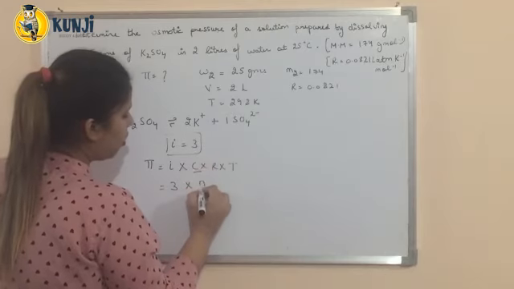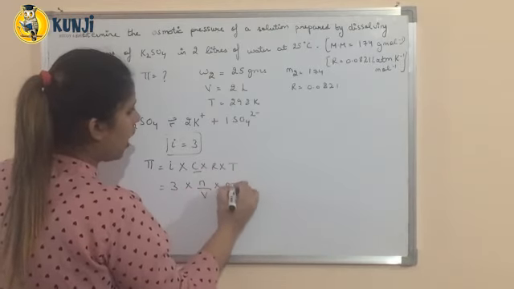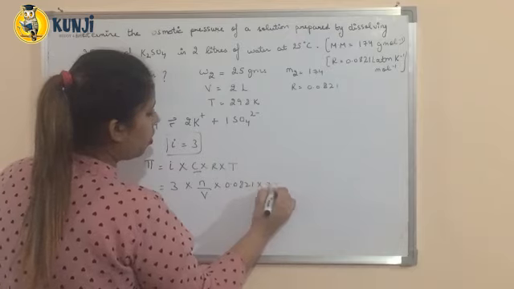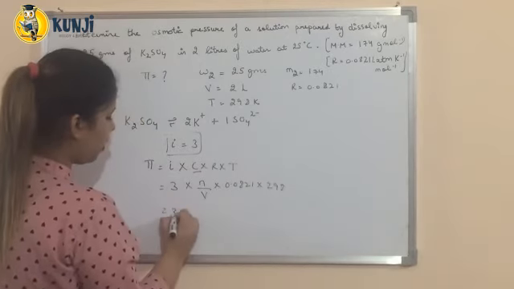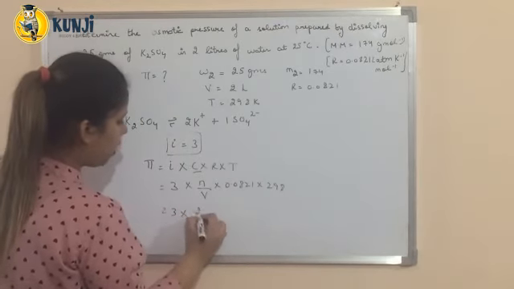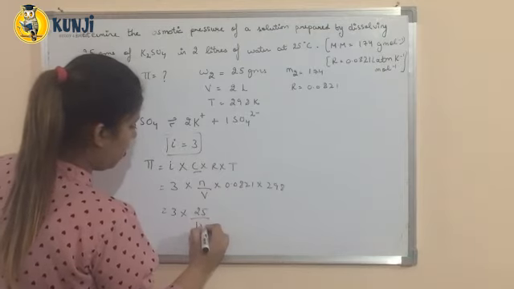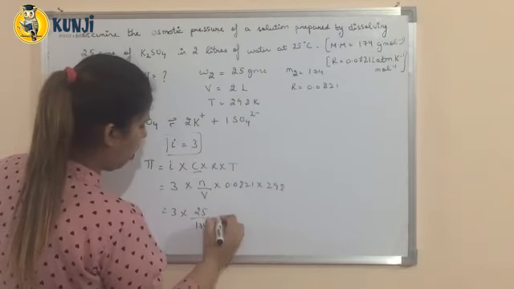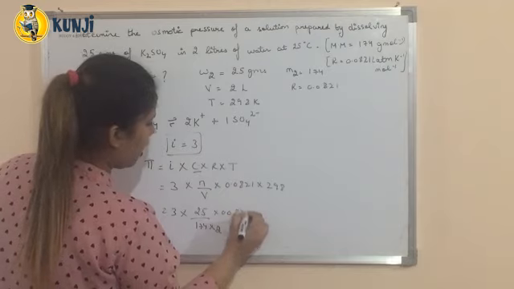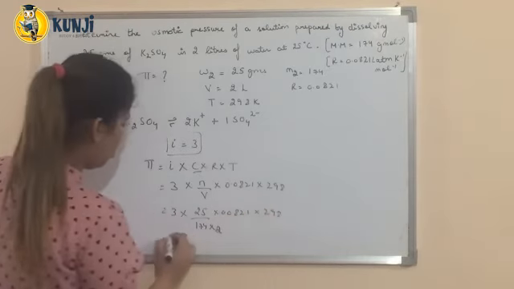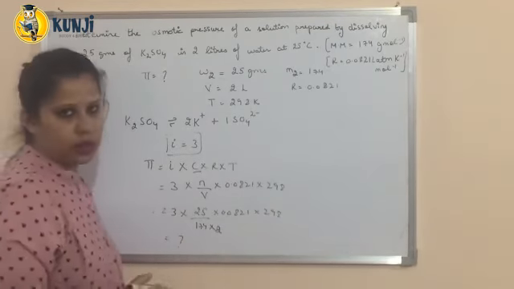C is molarity, number of moles upon volume, into R into temperature. Number of moles is further equal to given mass over molar mass, divided by volume. Now you will solve it and you will get the answer.